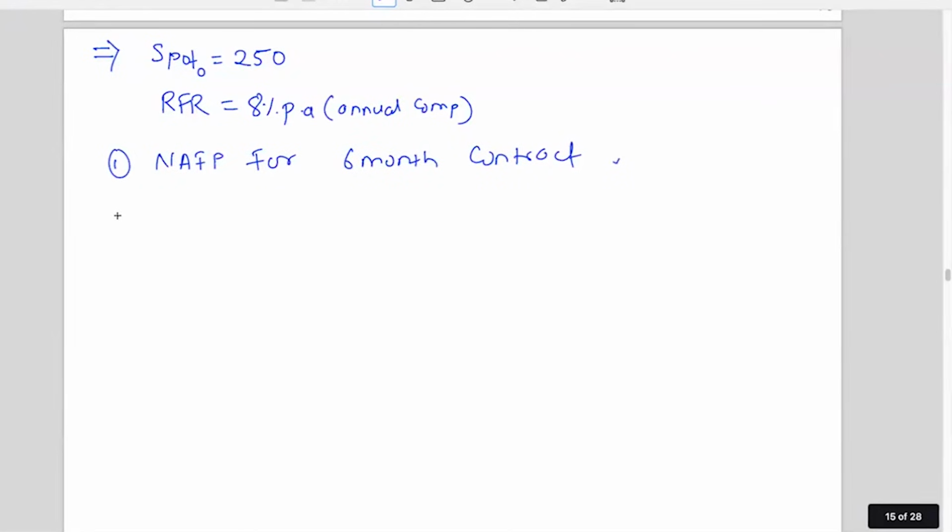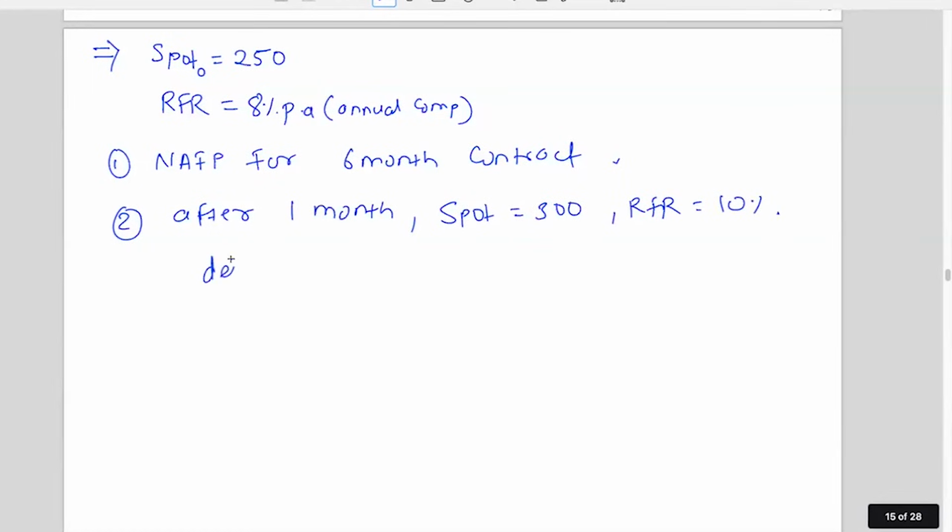Okay. Second question. If after 1 month, the spot price has become 300, okay, and RFR has become 10%, then determine the value of the long forward position.